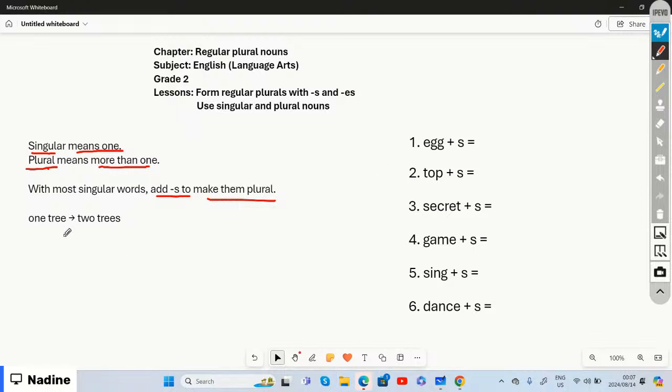Let's look at an example of adding an S to a singular word to make it plural, for example, one tree. So we're talking about one tree.